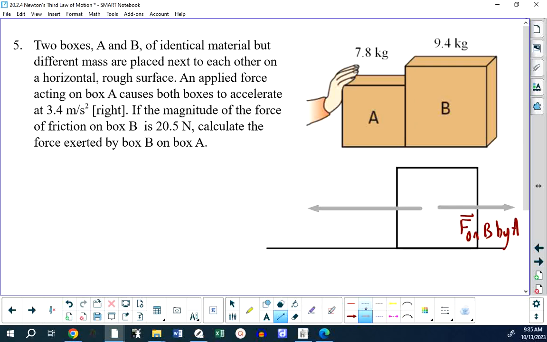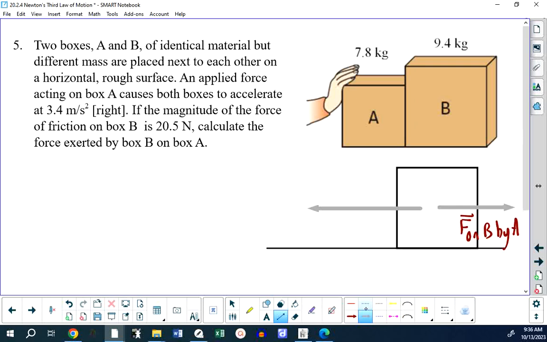Why is this diagram a really lousy diagram at this point in time? Noah? Well, because... Right. We know it's accelerating to the right. We're told that. And that means the net force acting on this box must be to the right. But if you look at what I've drawn, that is not an unbalanced force to the right.